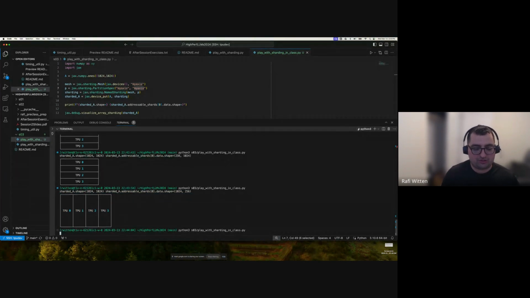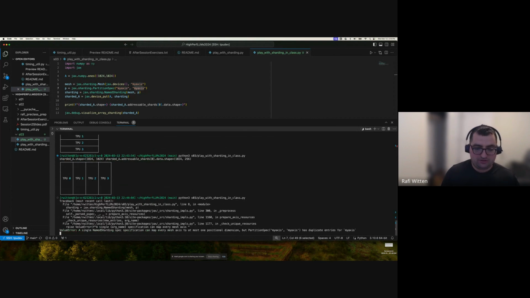And presumably, Jax will complain to us. Okay, a single named sharding specification can map every mesh axis to at most one positional dimension, but it has duplicate entries for my axis. So it's saying that, okay, well, you can't shard the same tensor over 2 separate axes.